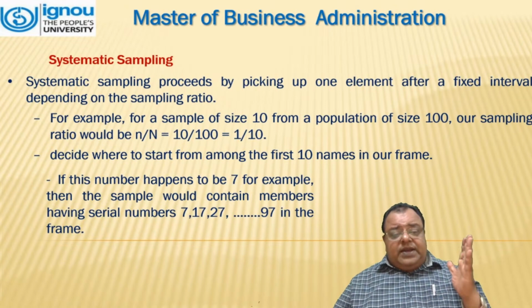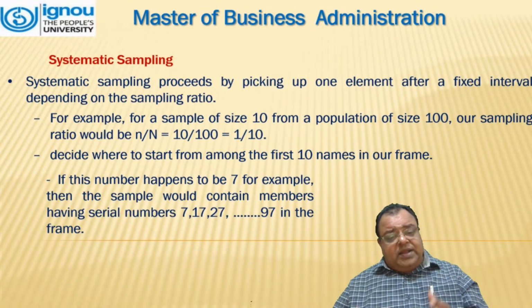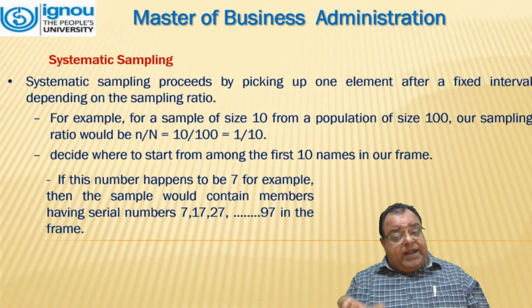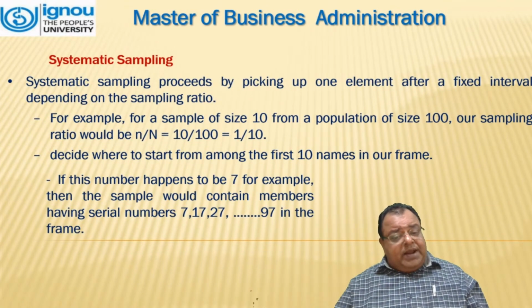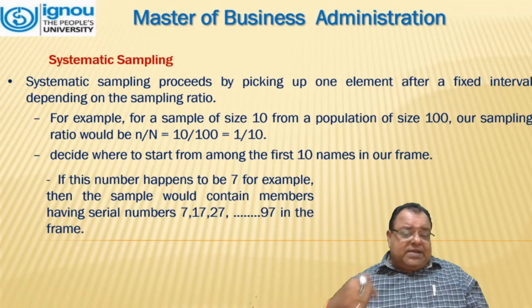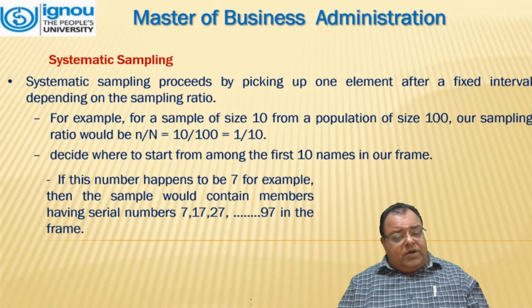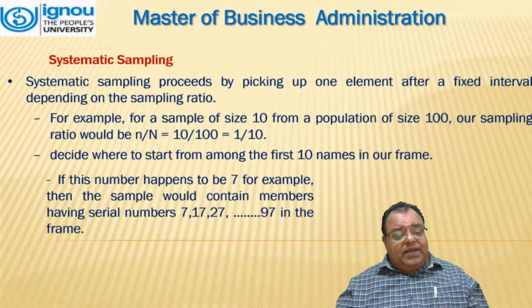That means deciding where to start from among the first 10 names in our list. If this number happens to be 7, for example, then the sample would contain members having serial numbers 7, 17, 27 till 97 in the list.